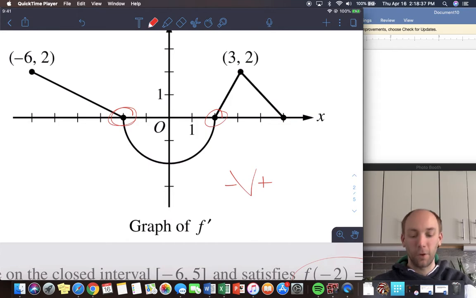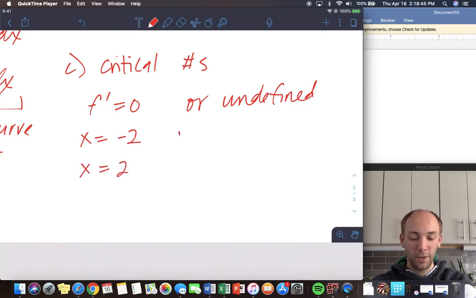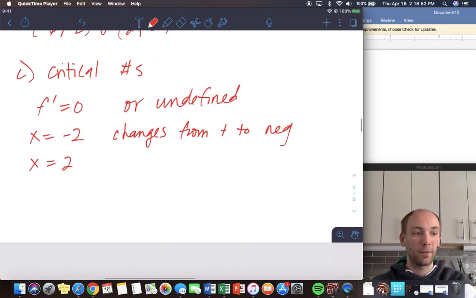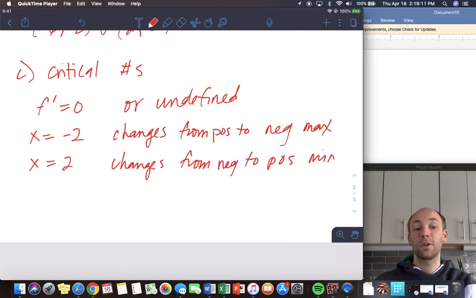So we don't have to use both of these numbers, x equals -2 and x equals 2, because x equals -2 changes from positive to negative, it would be a maximum. And then at x equals 2, because it changes from negative to positive, it would be a minimum. So because I'm trying to find a minimum, I don't have to test both of those critical numbers.